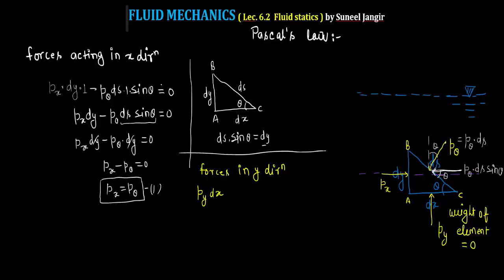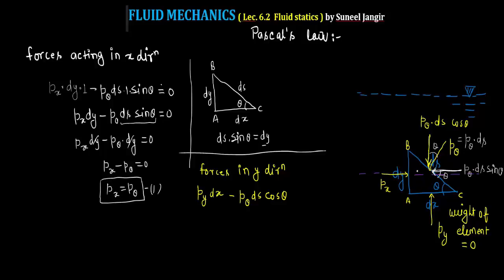Now for p theta, acting on the BC plane, the component of this force, the force being p theta ds, acting in the y direction will be p theta ds cos theta, and this is acting in the negative y direction. So I can write minus p theta ds cos theta.